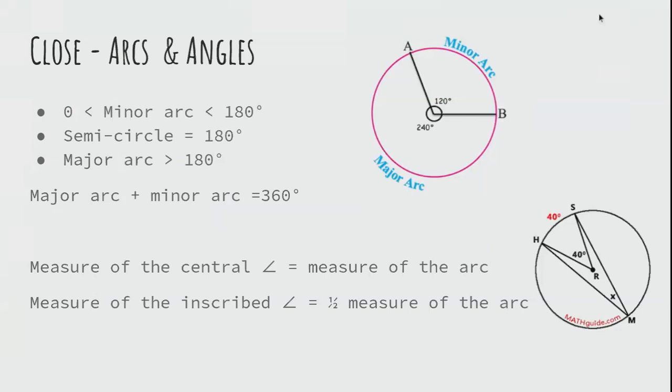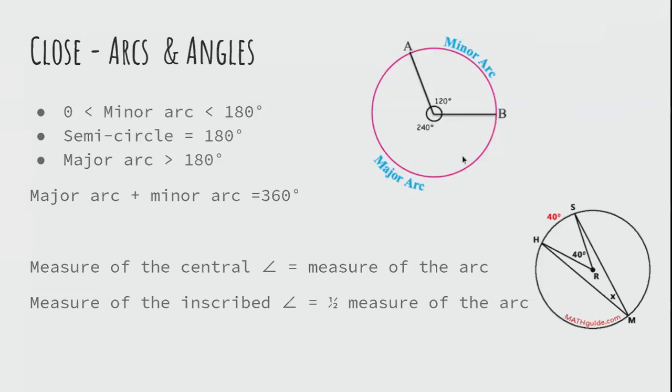You can see here the minor arc falls between A and B. They don't have another letter out here for you to name the major arc, but they have labeled them both. And again, this is a central angle. The minor arc is less than 180. The major arc is greater than 180.